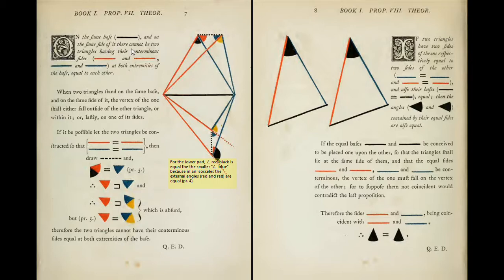And we cannot, according to the theorem, have two such triangles that are equal to each other. These two triangles cannot be equal triangles. Okay, now does that make sense? Does it make intuitive sense that they shouldn't be equal?